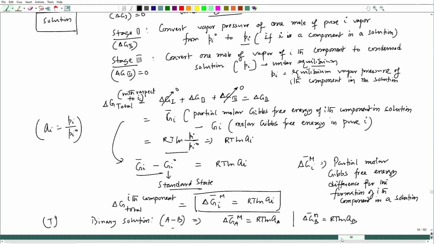Now, T is constant, remember, in all those cases T is fixed. So, we are doing it at a particular temperature.